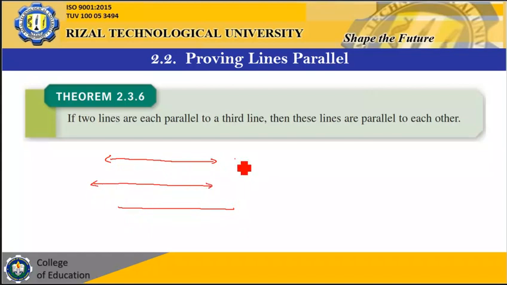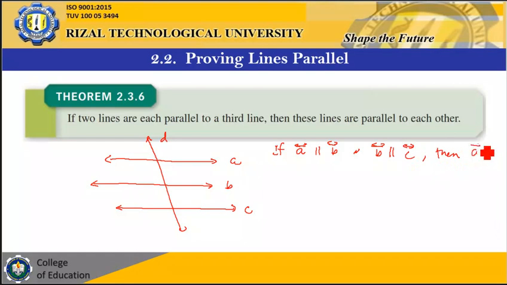Let's say this one is line A, line B, and line C, and let's have a transversal, let's name this as line D. According to the theorem, if line A is parallel to line B and line B is parallel to line C, then line A is parallel to line C, by transitivity.